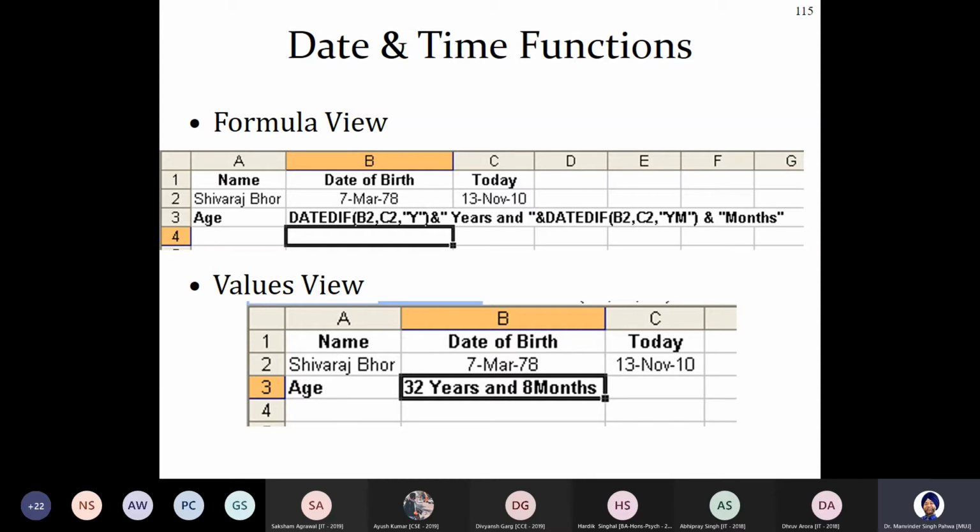Manveer has done it. Excellent. There is no hurry. Please take your time, but understand it and then do it.